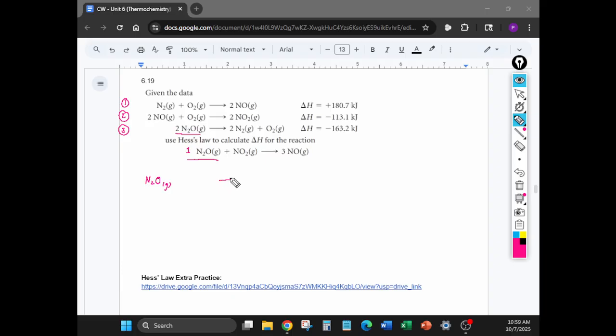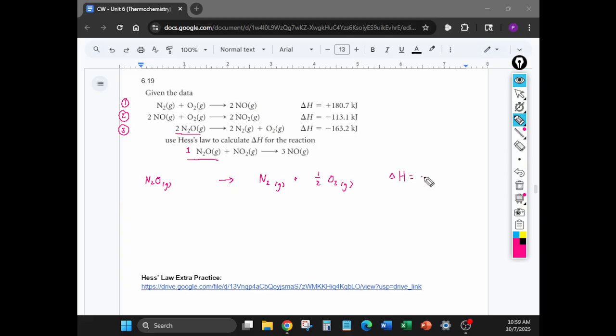We're going to draw our arrow. N2, if you divide this by half, this also becomes 1. O2, this is 1. If you divide that by half, it becomes 1/2. And last but not least, the enthalpy, you also need to divide that in half.